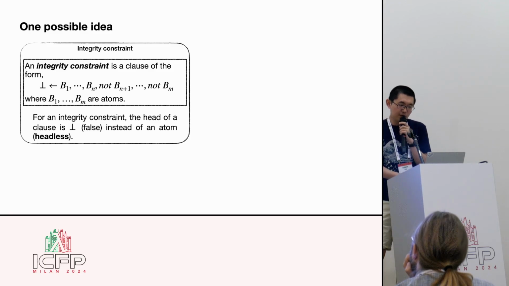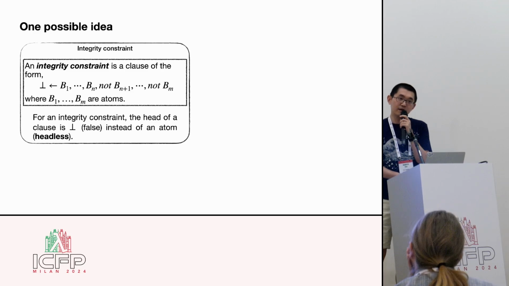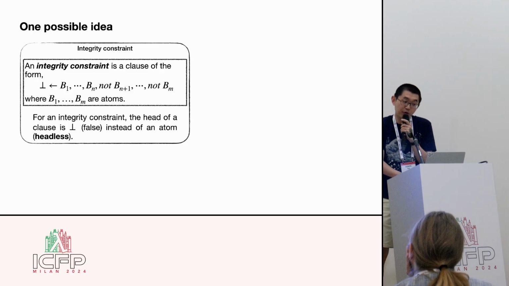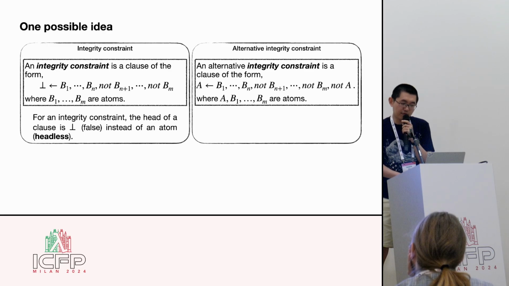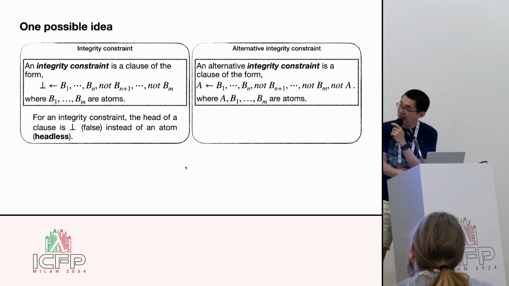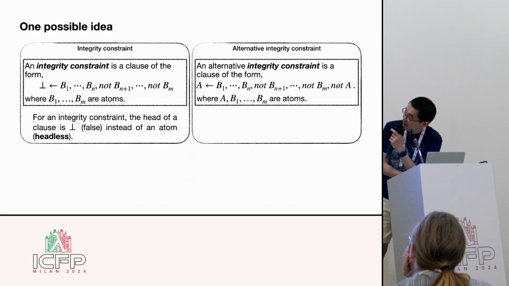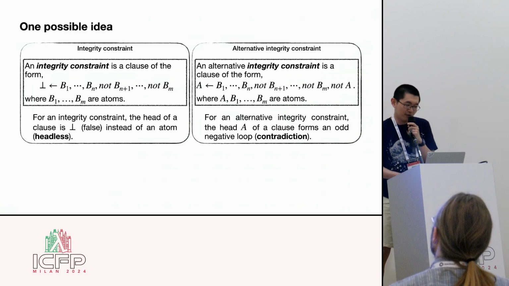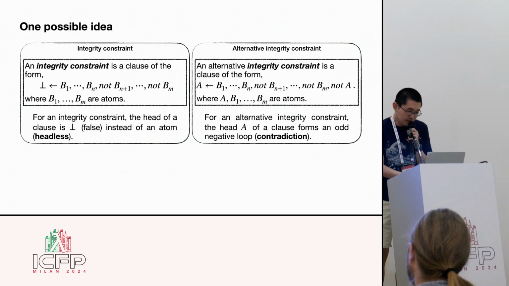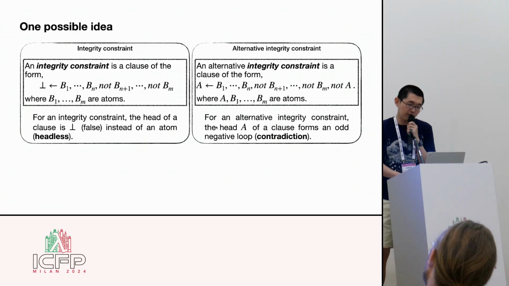Because the headless rule in stableKanren requires a head to create a goal function, how about we convert the headless rules into a contradiction? So here we bring the A back, but there's a not A at the bottom, or at the tail. So this is basically the alternative integrity constraint.